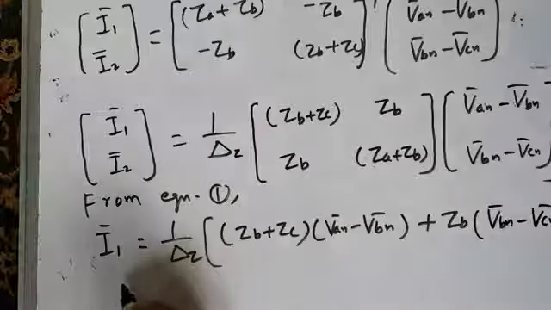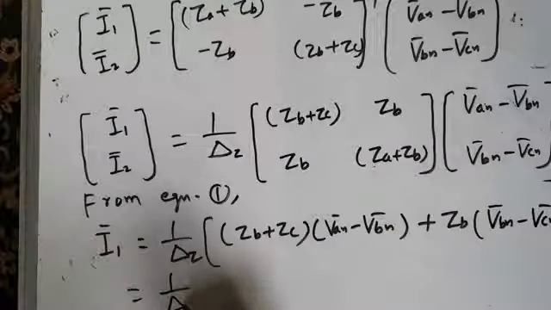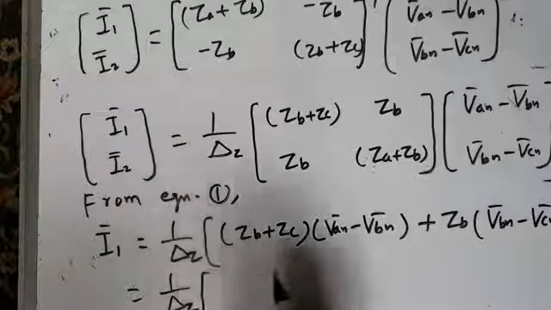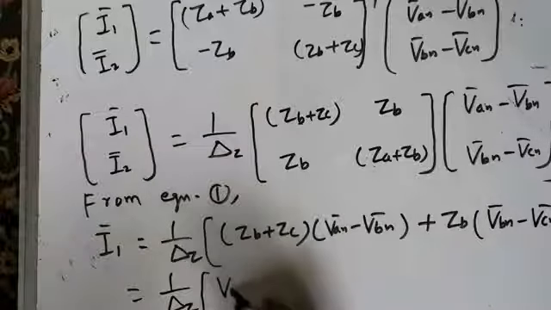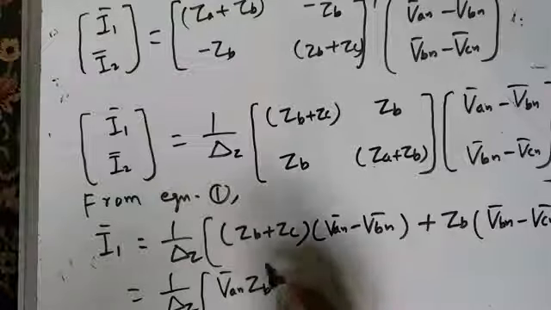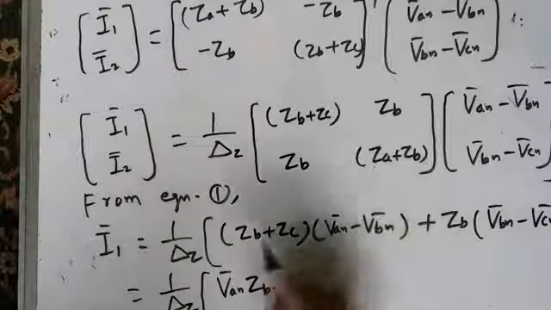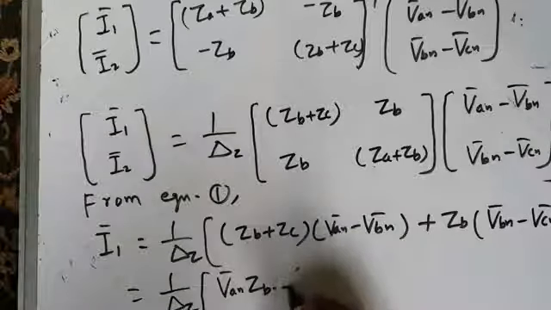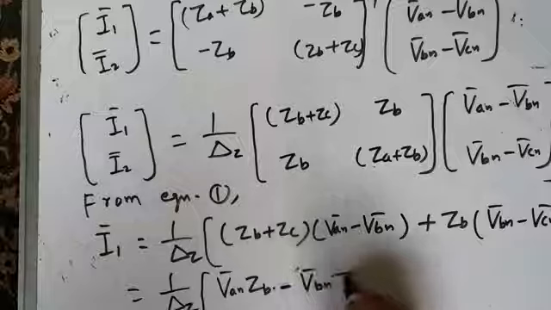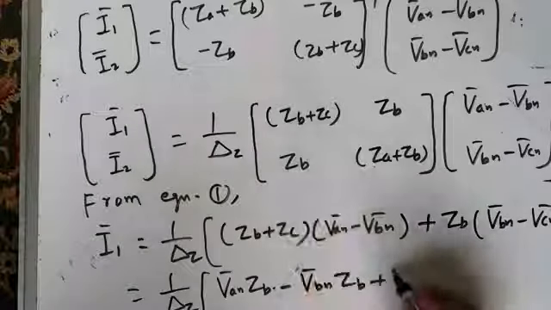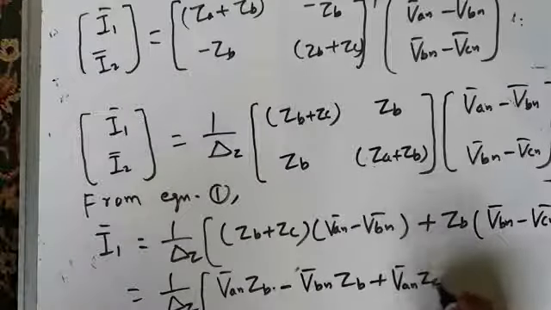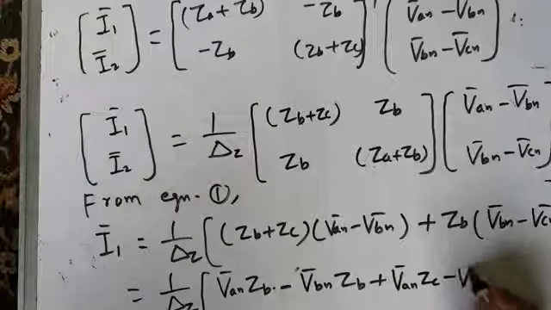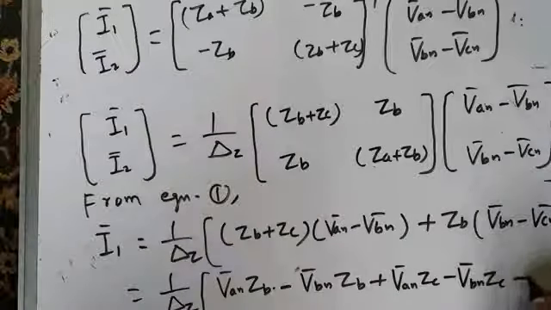Okay, let us simplify it. So this will be 1 by delta Z, and delta Z just few moments back we have found. So ZB into VAN is VAN ZB, plus minus is minus VBN ZB. So it will be minus VBN ZB plus VAN ZC minus VBN ZC plus this is VBN ZB minus VCN ZB.